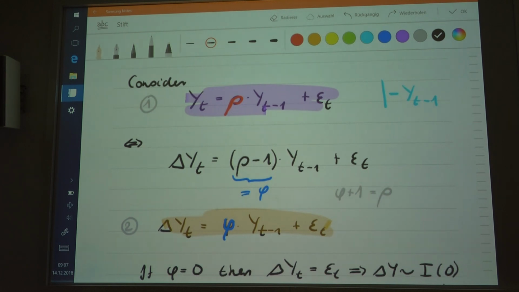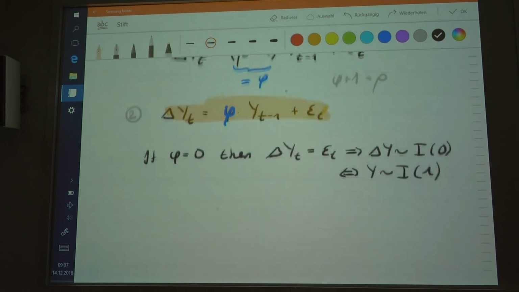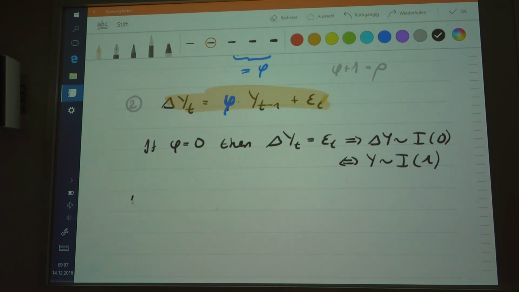So if rho is equal to 1, then y is a random walk, and that implies it is integrated of order 1, which is equivalent to the difference of the process being integrated of order 0.